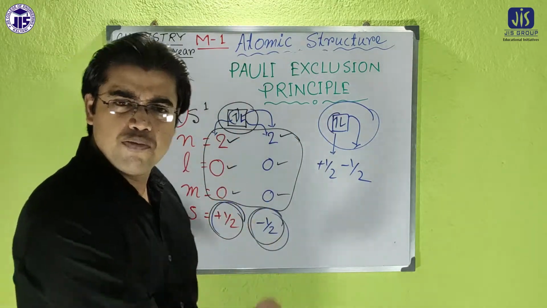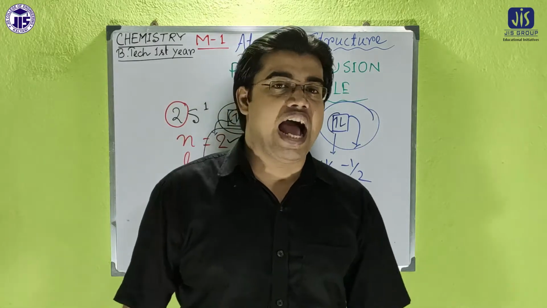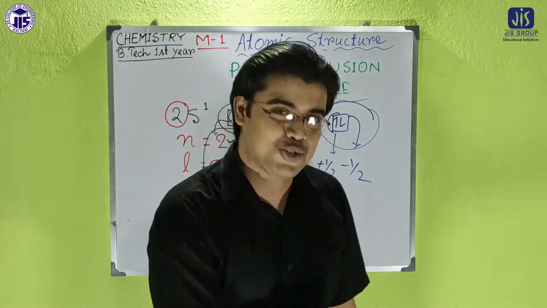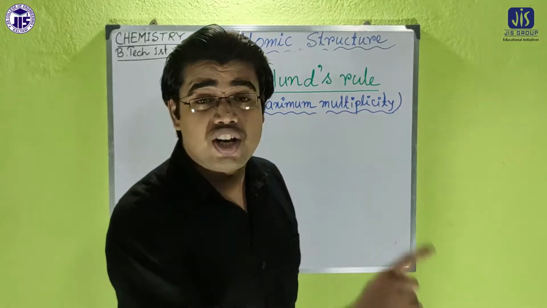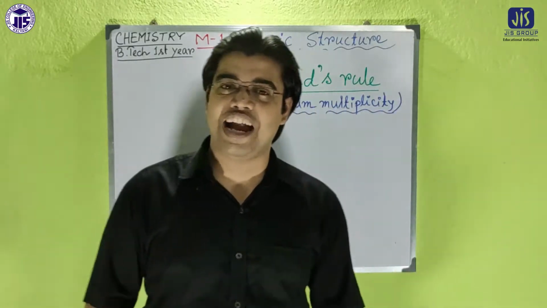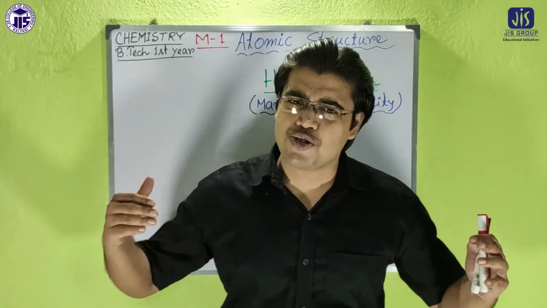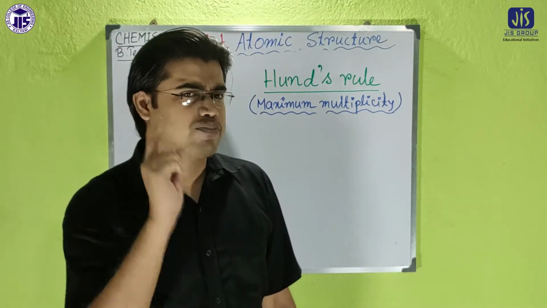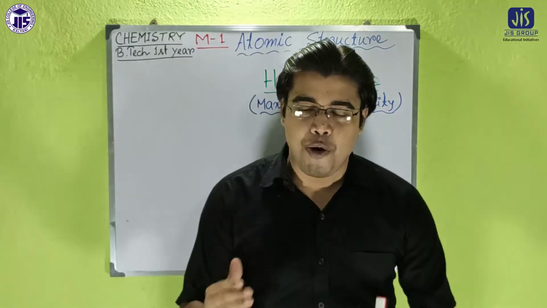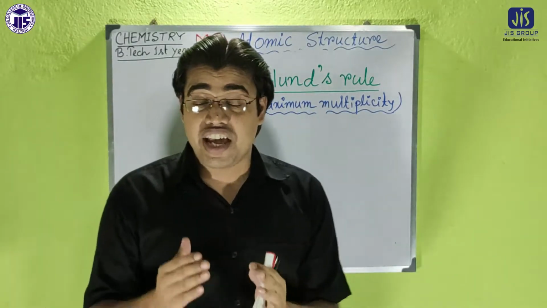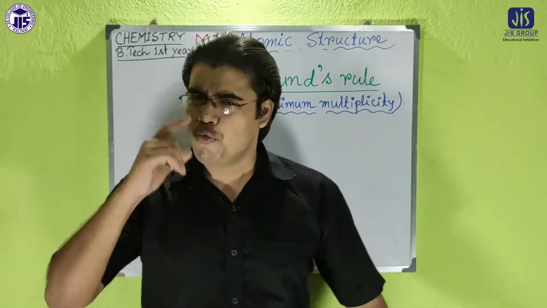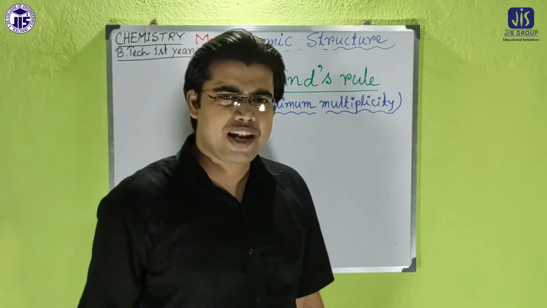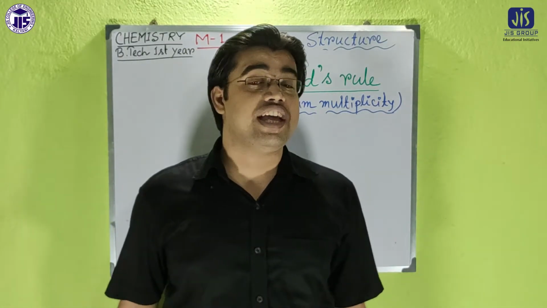Okay, so now we'll move to the next concept, and that is Hund's rule. Hund's rule is very helpful to determine how electrons will be filled in the orbitals of the same subshell. That means if the orbitals are within a particular subshell, their energy will be equal.